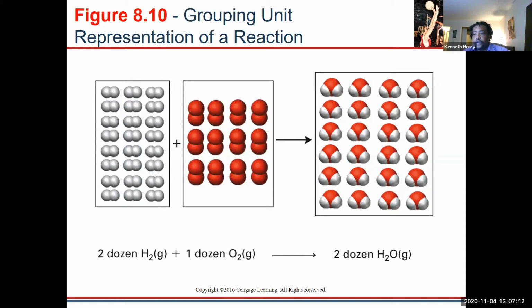So here we have 2 dozen of hydrogen gas plus 1 dozen of oxygen gas is going to yield 2 dozen of water, okay? Now you see the coefficient is the same, and that's because we took the time to actually balance the equation, okay?